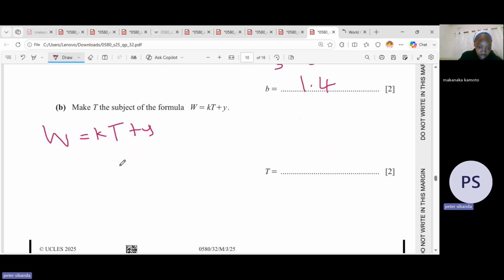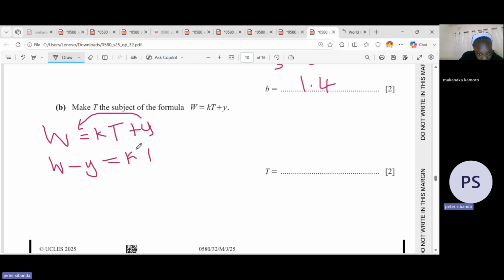What should be your first step? Can we move the Y? No. This Y is a separate term, and we don't want it on that side where there's T. We'll move it to the side of W. Yes. So it becomes W minus Y equals to KT.